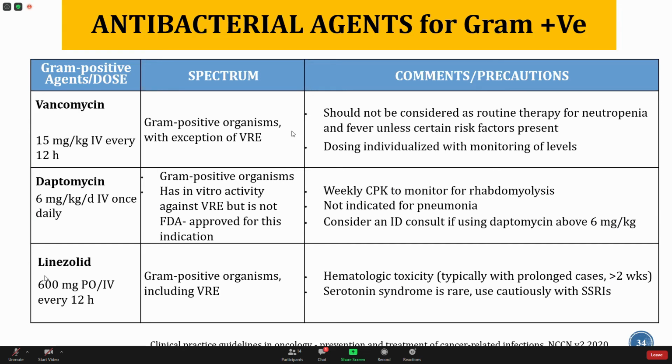For linezolid, be aware of the drug-drug interaction with SSRIs. Serotonin syndrome is rare, but we have seen patients taking linezolid with an SSRI develop serotonin syndrome.